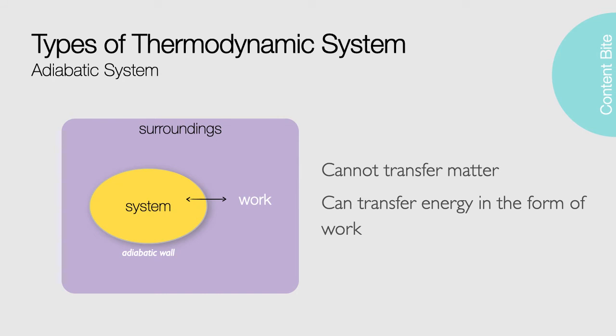Our final type of system is an adiabatic system. The term adiabatic comes from the Greek for impassable, adiabatos, and this system is separated from the surroundings by an adiabatic wall. This wall allows transfer of energy in the form of work to occur, but not transfer of energy in the form of heat.